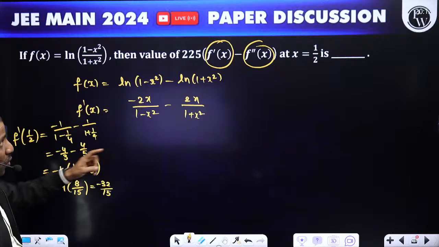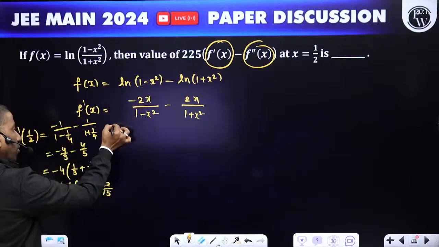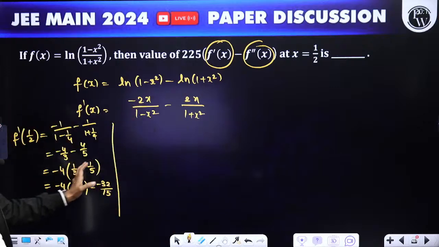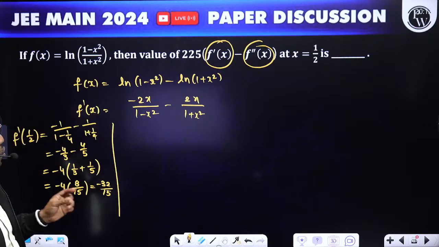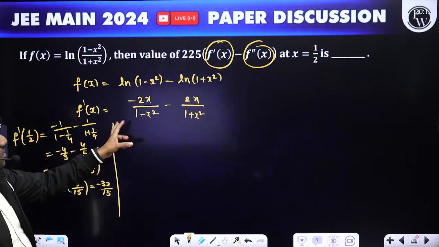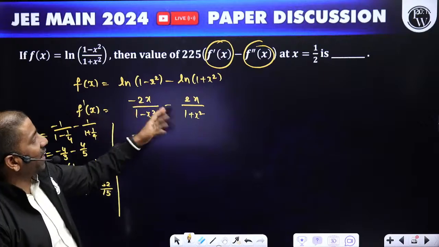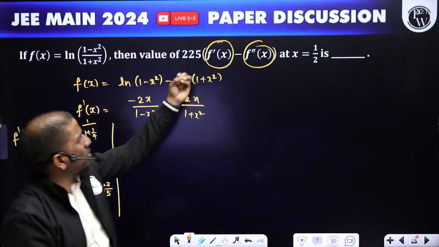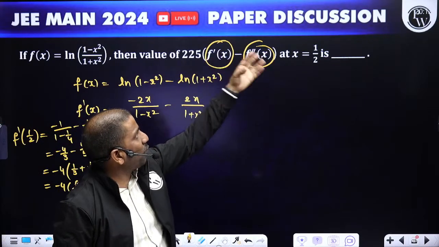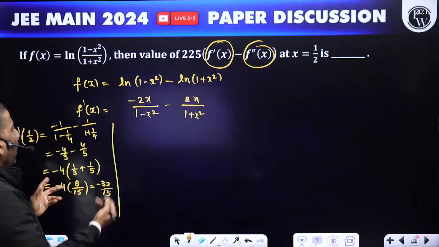That's the reason 225 is outside. We will substitute it later. It's your choice whether you simplify and then apply the second derivative, or write it directly, because we particularly want f double dash at x is equal to 1 by 2.